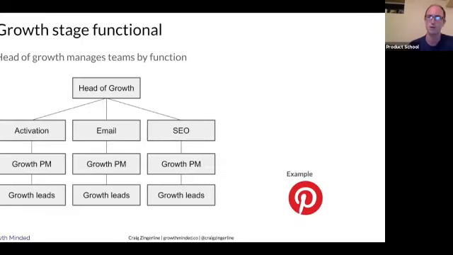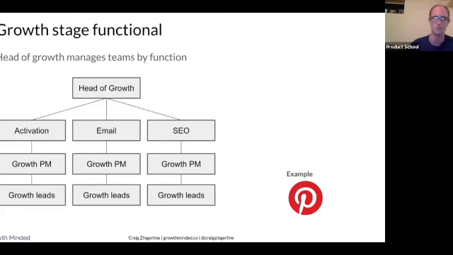And then there might be a functional model where the head of growth might manage the team by function. In this case, you may have a head of growth who focuses on activation, puts a growth product manager in activation. So for some of you that are already out there as product managers and want to become growth PMs, instead of going all in and looking at the whole funnel, you could also specialize.